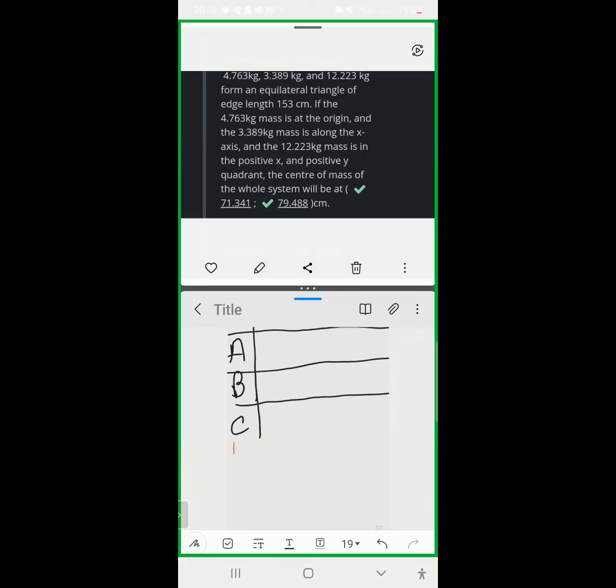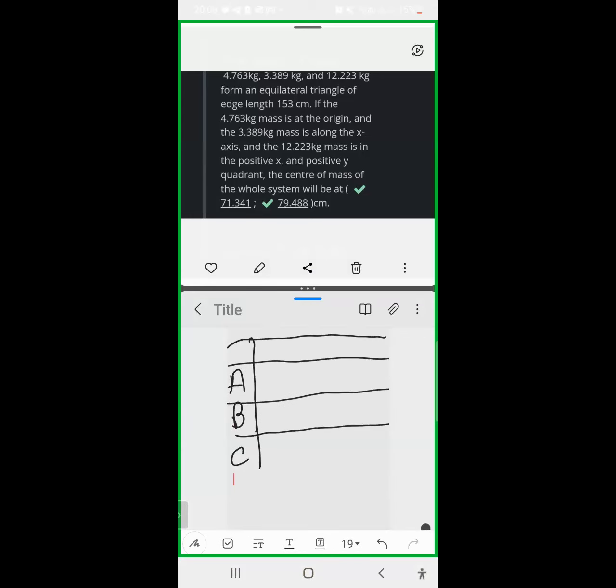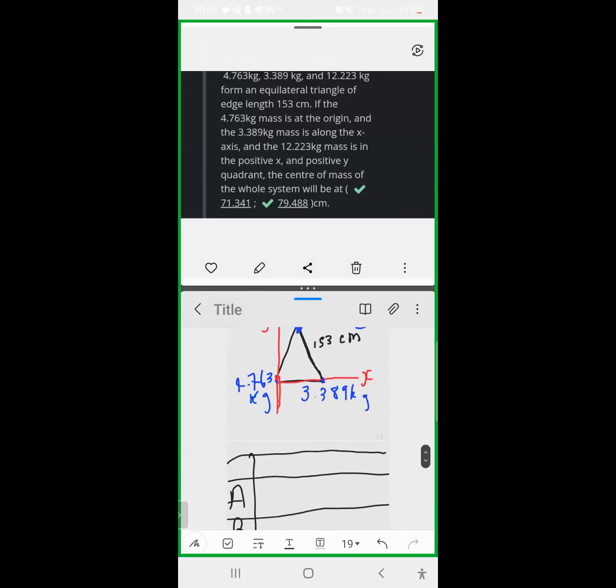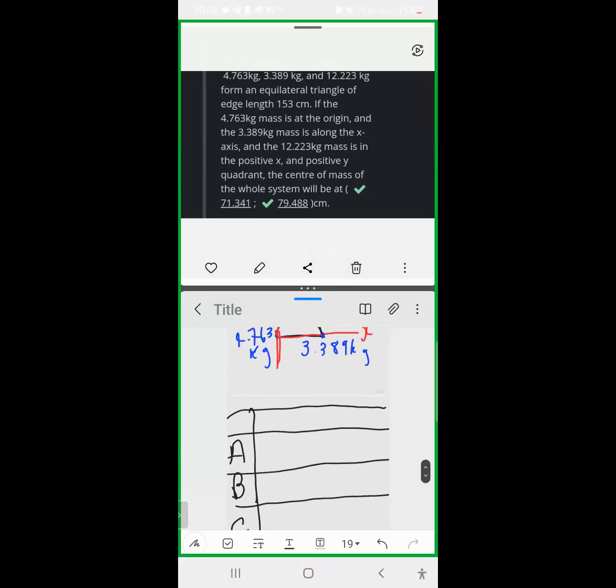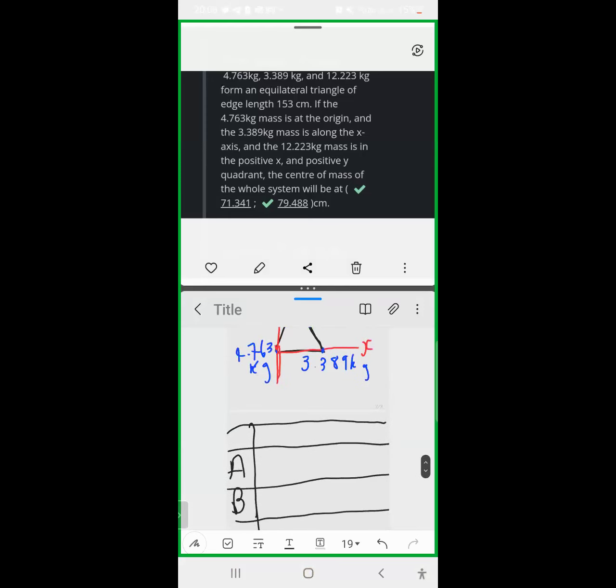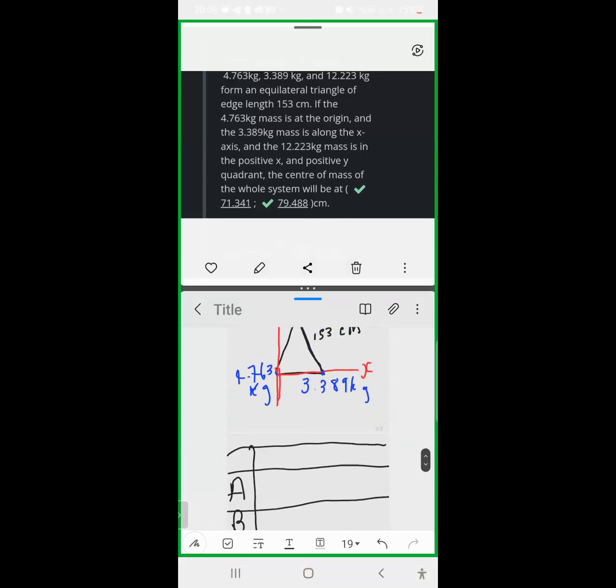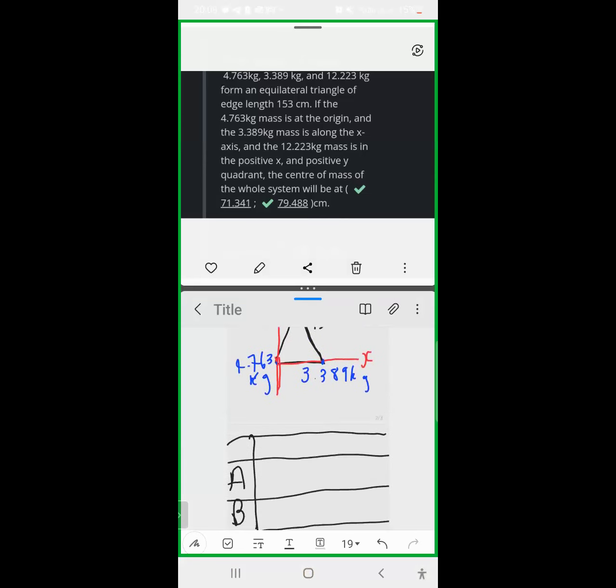Perfect. And then we know the masses of each and every particle. So let's label the masses. So these are the masses in kg.